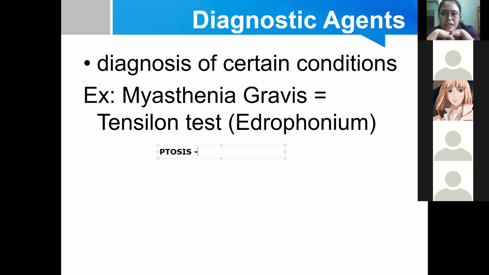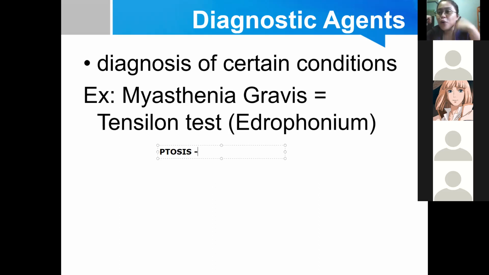Now, paano na siya i-diagnose using edrophonium? Ang person nga na myasthenia gravis, tagaan siya edrophonium. Now after 5 minutes, kung na-open na niya iyahang mata, positive na siya myasthenia gravis. Because edrophonium is a drug that will give strength sa muscle na ma-open niya ulit iyahang mata.